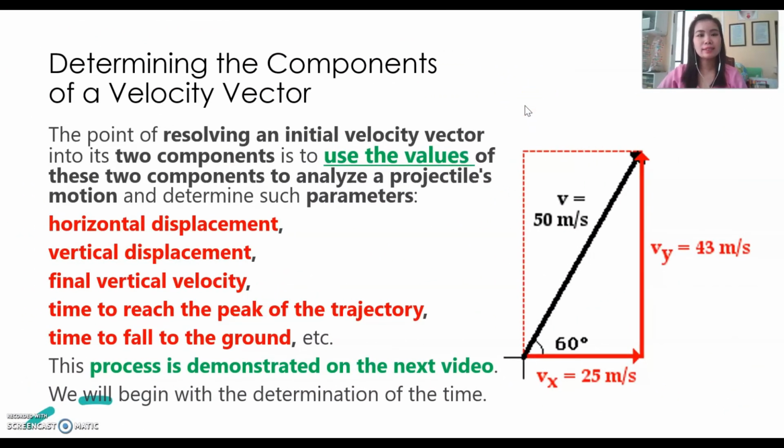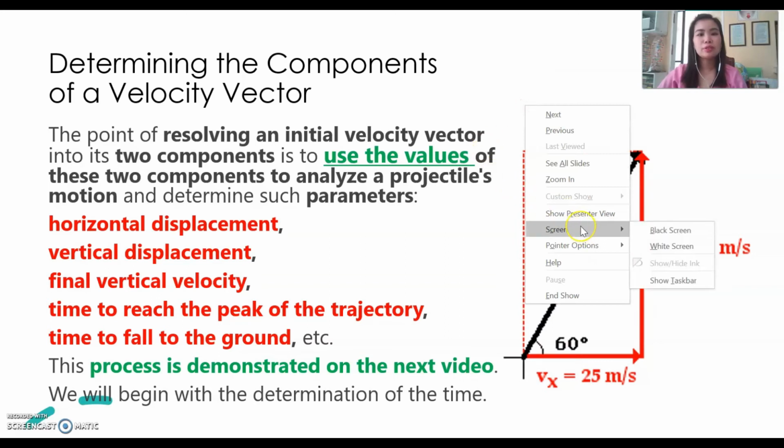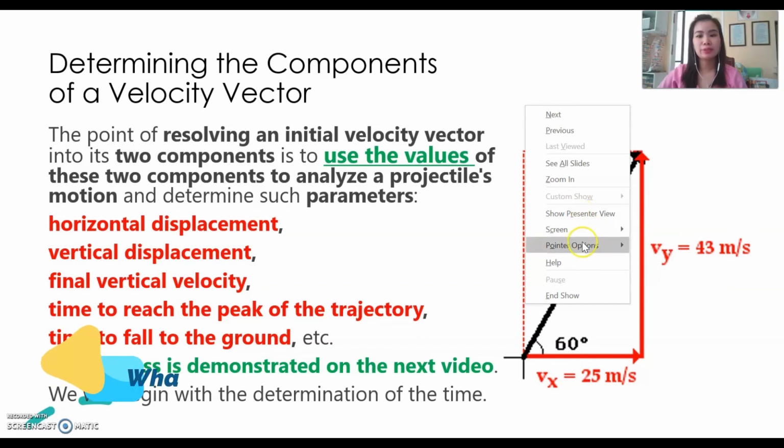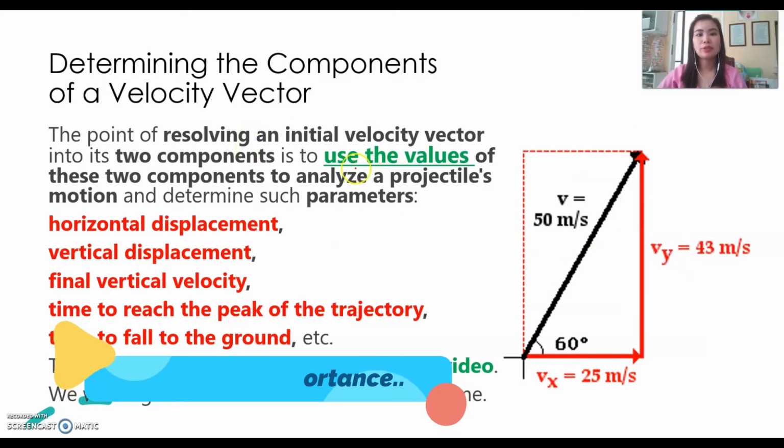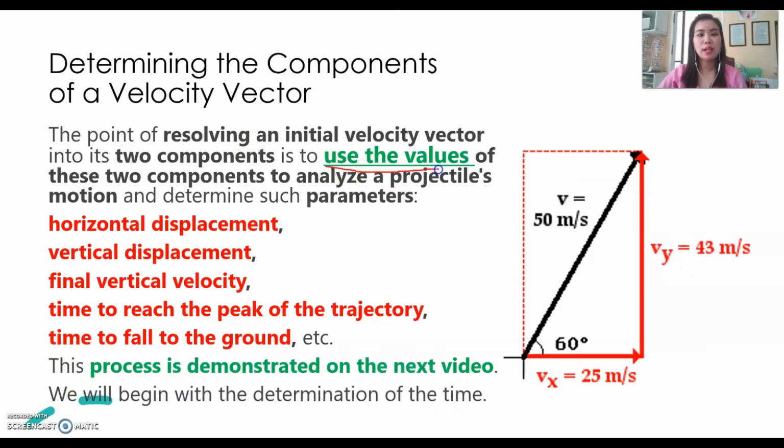What is the point of resolving an initial velocity vector into its two components? Very good. It is to use the values of these two components to analyze a projectile's motion.